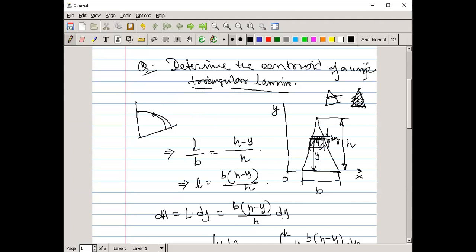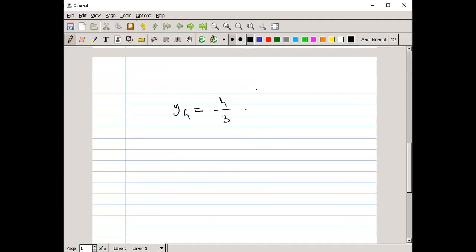And the calculation, how we can do that. Now take a small section in that area at a distance y, and along the y-axis that width is very small, that is dy. Along the x-axis, if we draw an enlarged view, suppose this is your triangle, and take this small portion, and write this as dy.